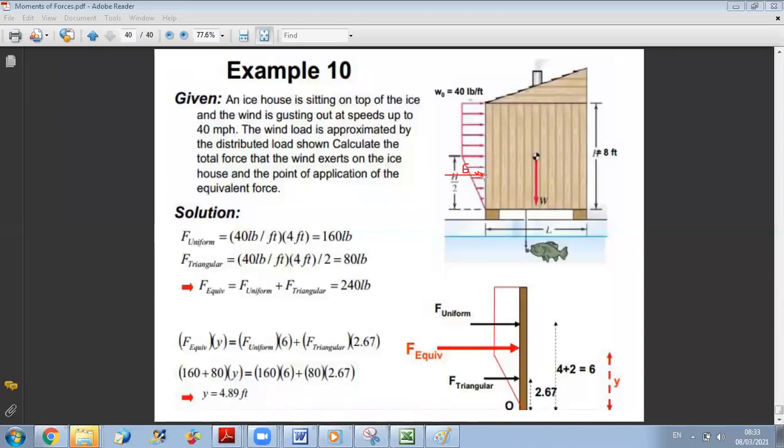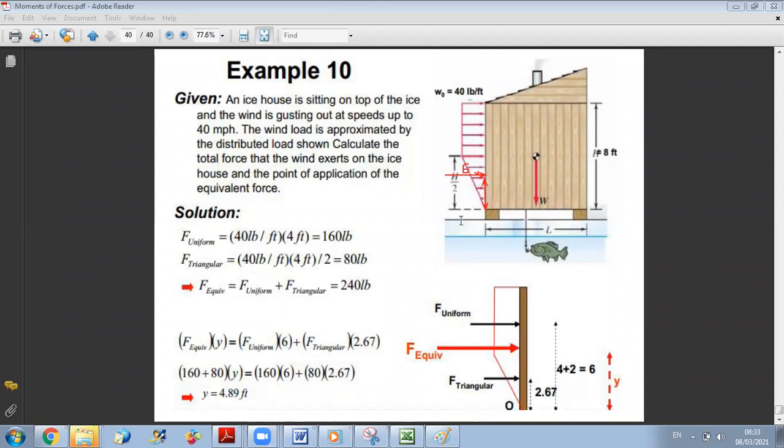So this distance should be 2/3 of the height of the triangle, and from the base you have 1/3.